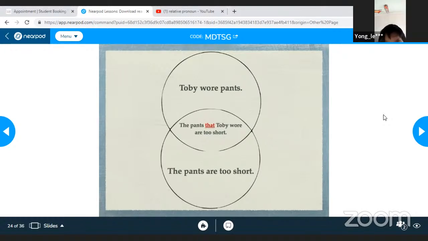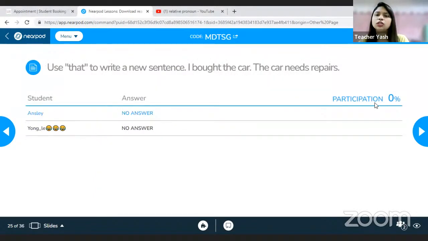Toby wore pants. The pants are too short. The pants that Toby wore are too short. Yeah, so these two sentences, we make it into one sentence. Now it's your turn to make it into one sentence.